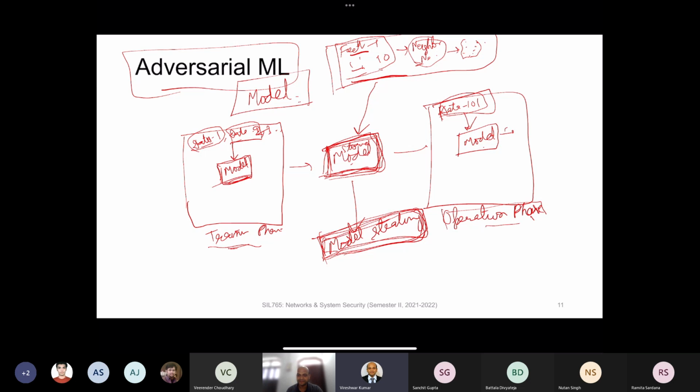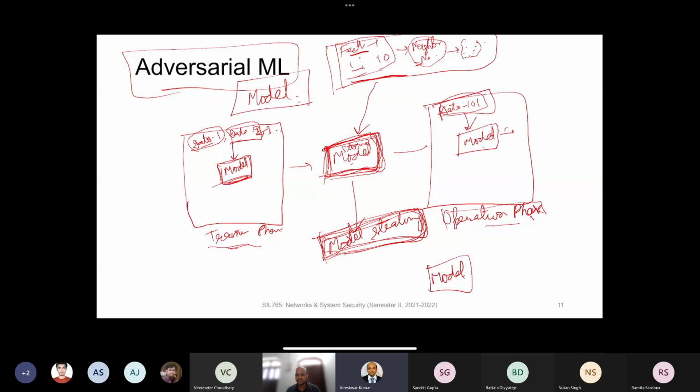One of the ways would be that you have access to the model. So the attacker has access to the model, like we have access to Facebook's model, because if we upload an image, Facebook will run that model and tell me whether it is my face or my friend's face.